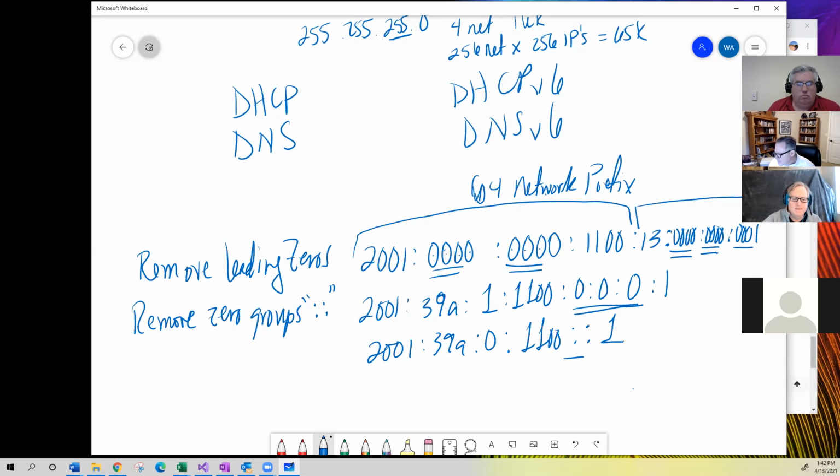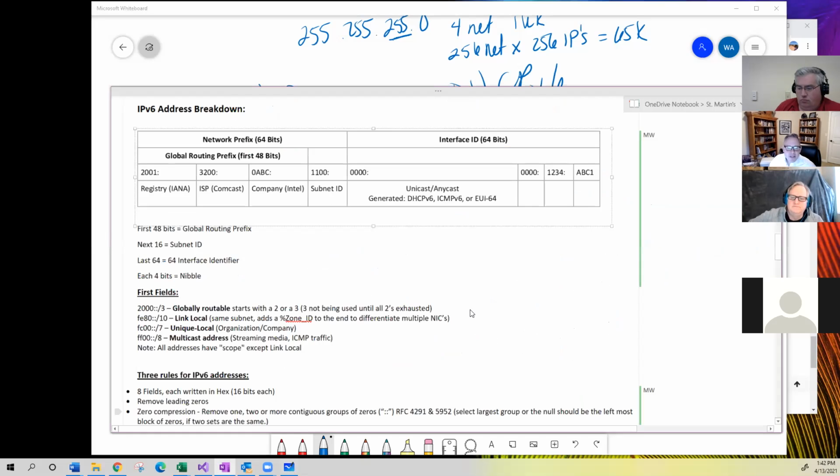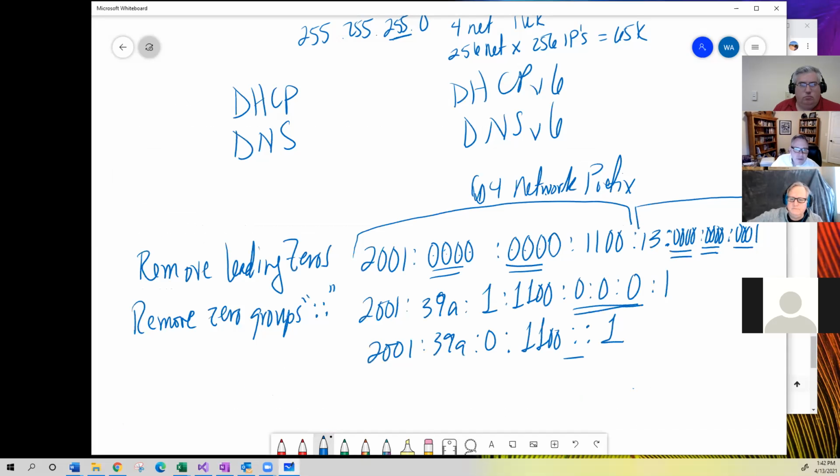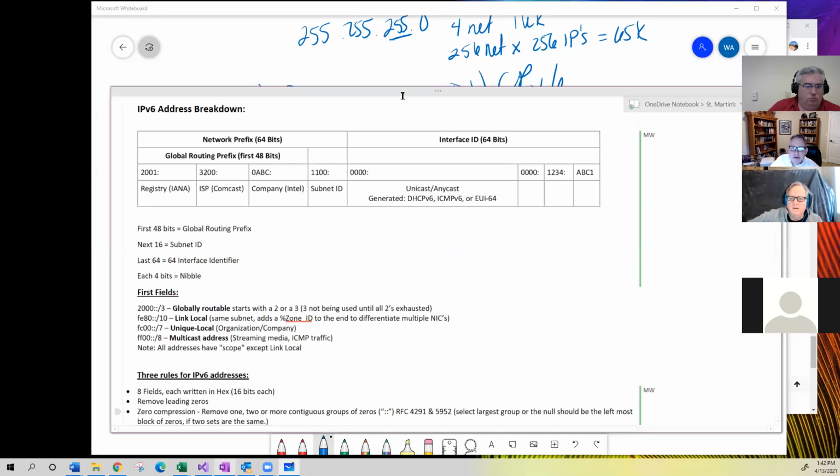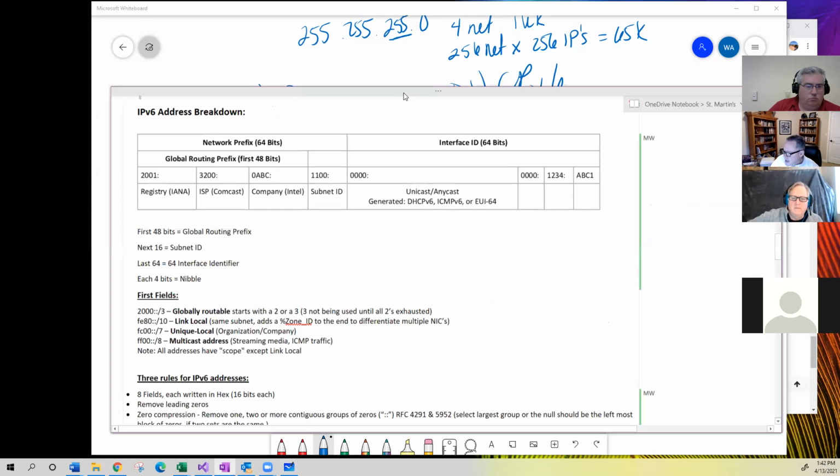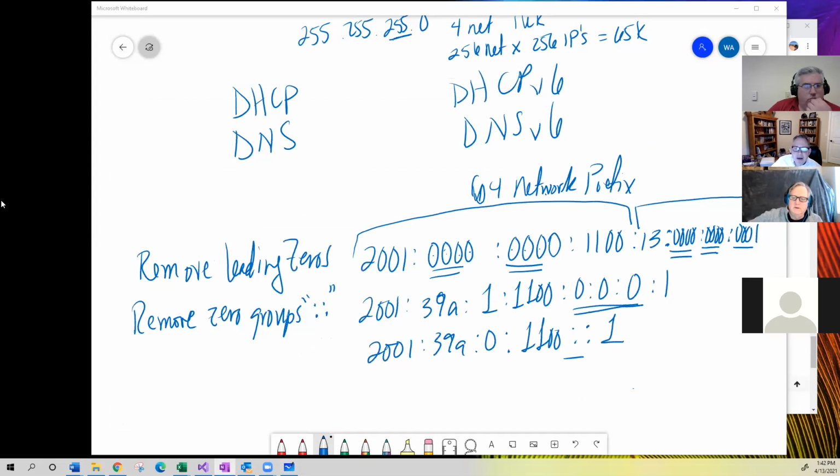Now, here's one final scenario. Let me pull this over here. This number now is 2001 colon 4 zeros colon 4 zeros colon 1100 colon 13 colon, and then 2 more sets of zeros colon 001.